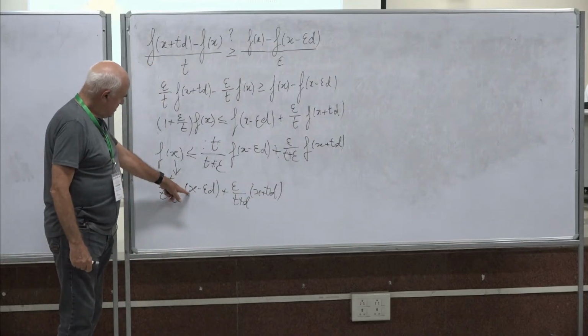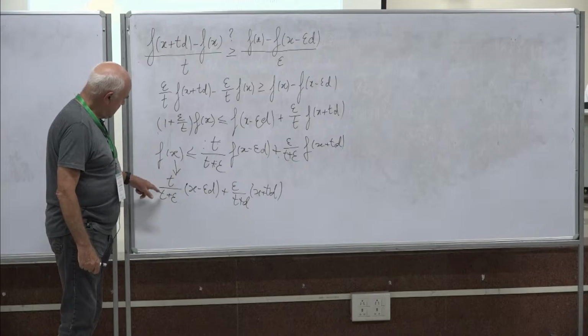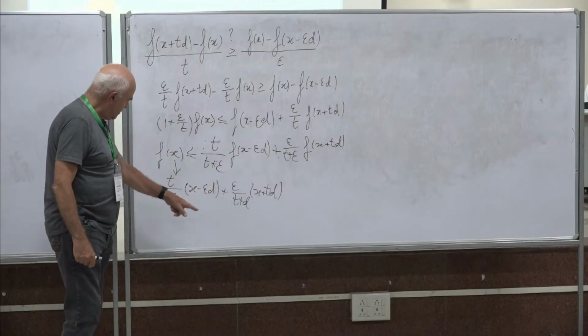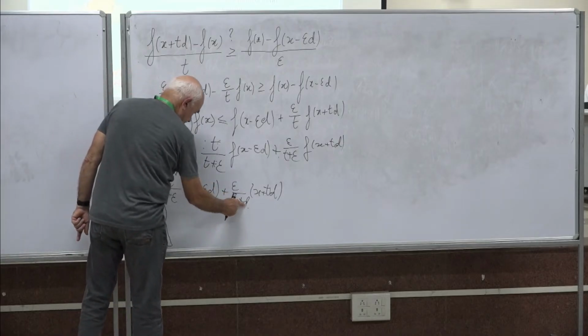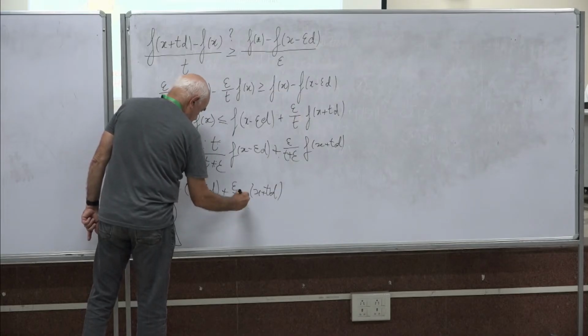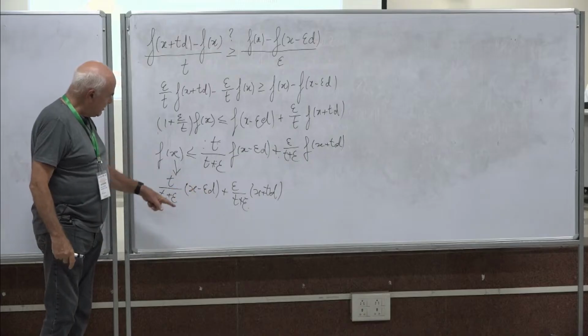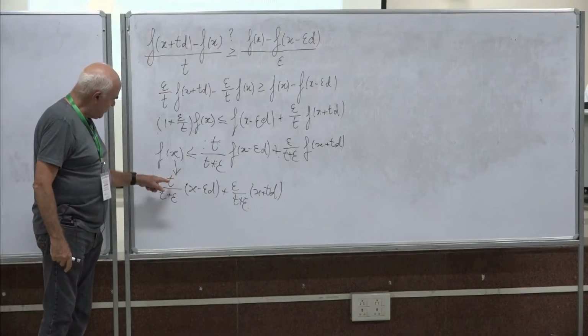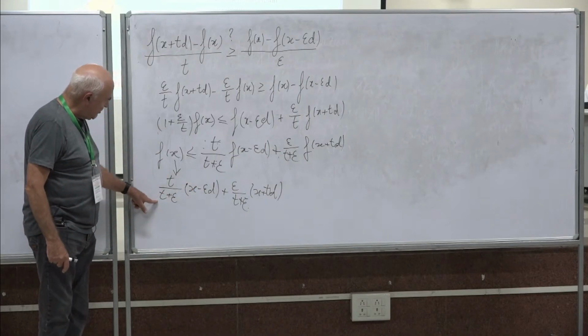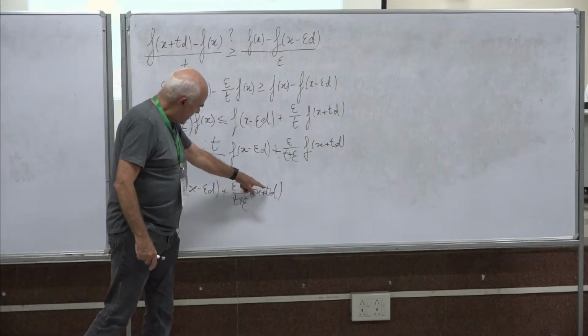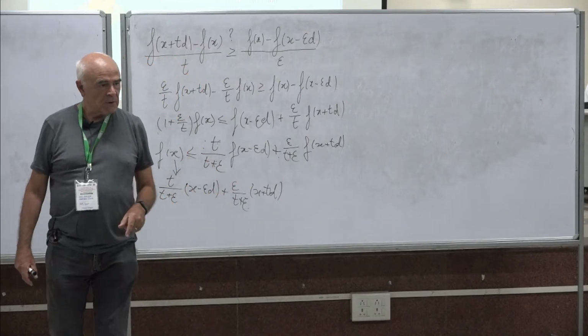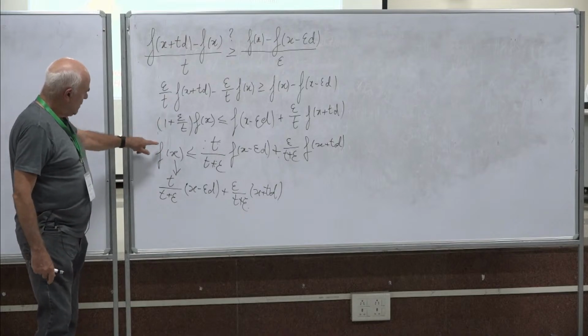X, the factor is T over T plus epsilon plus epsilon over T plus epsilon, which is equal to 1, so it is X. And the term in D vanishes, because the coefficient is minus epsilon T over T plus epsilon, plus the same, epsilon T over T plus epsilon. So this equality is true.